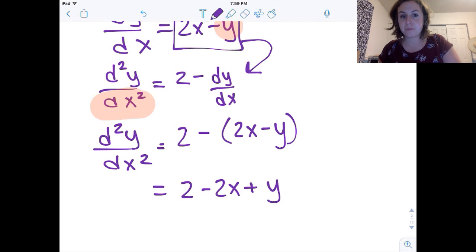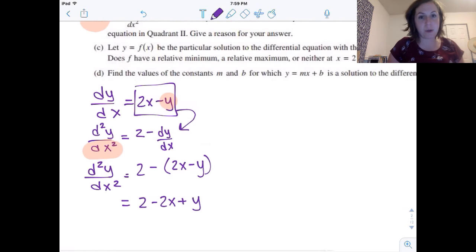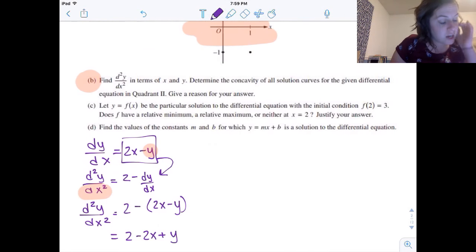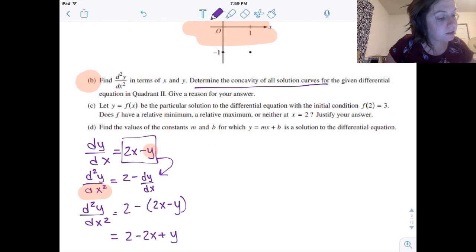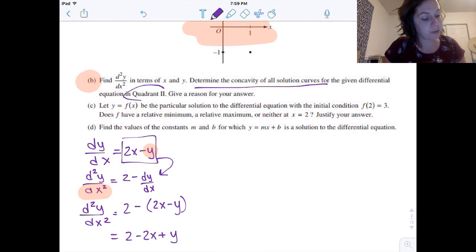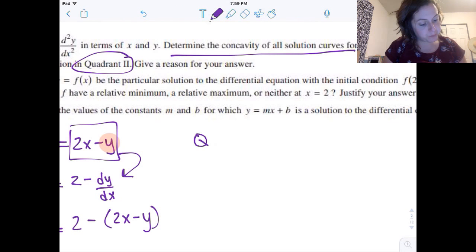Okay? So the next thing that I want to do is answer the next part of that, which says, determine the concavity of all solution curves in quadrant 3. So let's think about quadrant 3. In quadrant 3, I know that my x values would be negative and my y values would be negative.